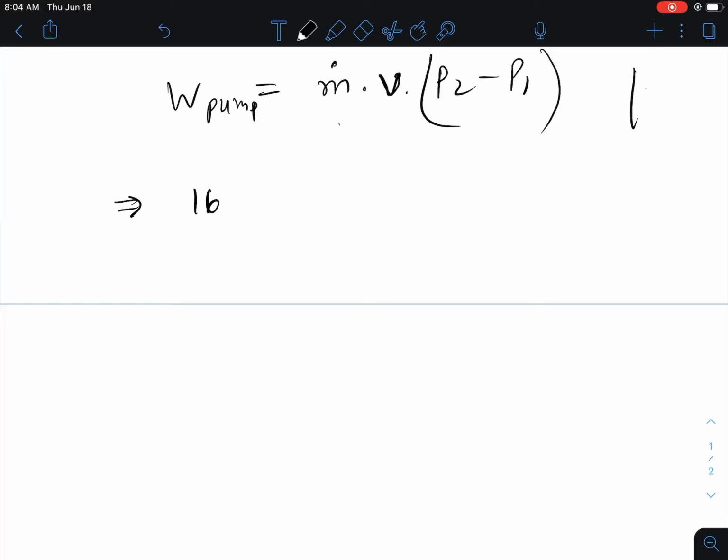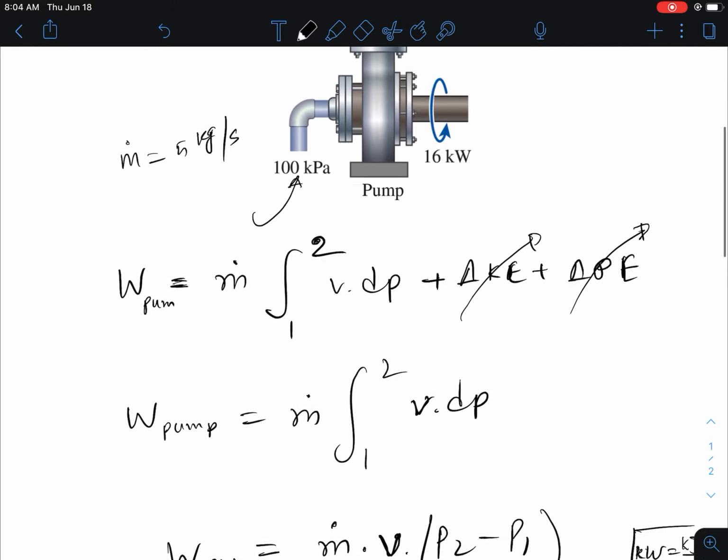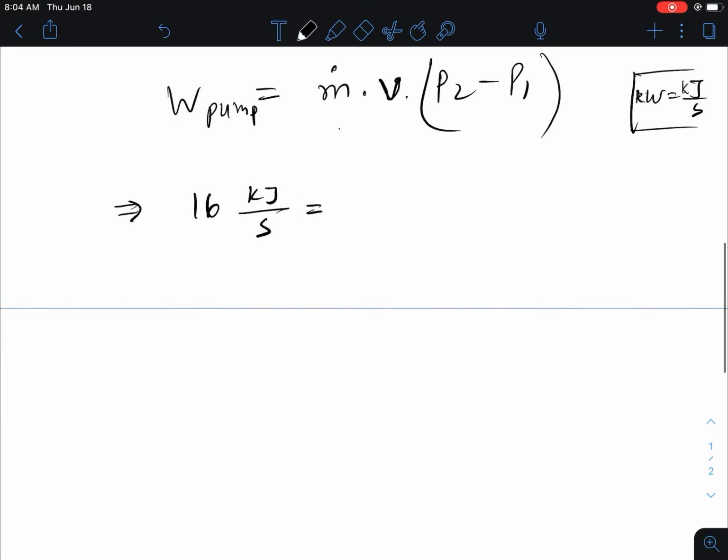For the watt, we know that watt equals joule per second, right? The power equals work done per second. So that's the relationship. So for the kilowatt, it will be kilojoule per second. So 16 kilojoule per second. And mass flow, for our case, is given as 5 kg per second, right? 5 kg per second.